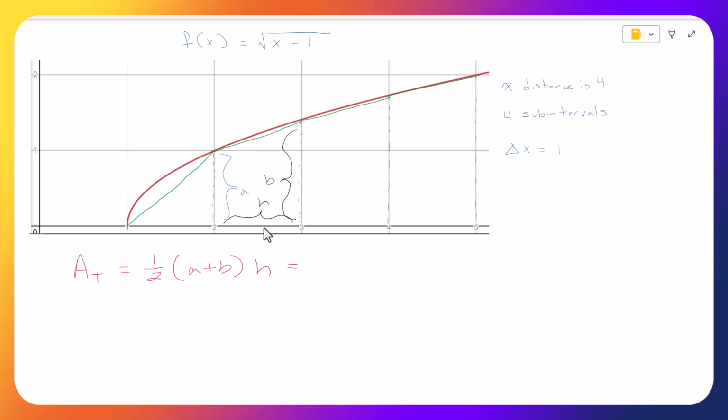So we're going to have 1/2 times A plus B. Well, A is going to be our function value at a specific point. That's going to be one of our lengths. So let's say f of xa plus f of xb times delta x.